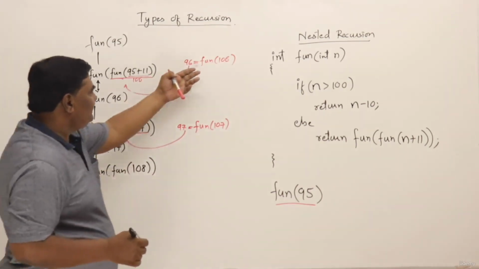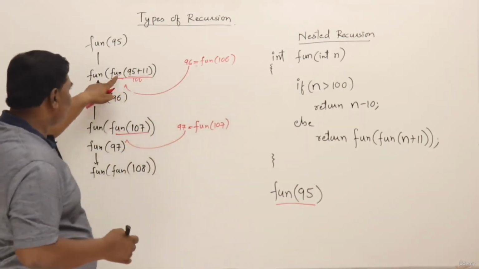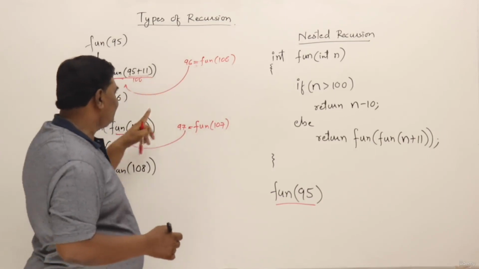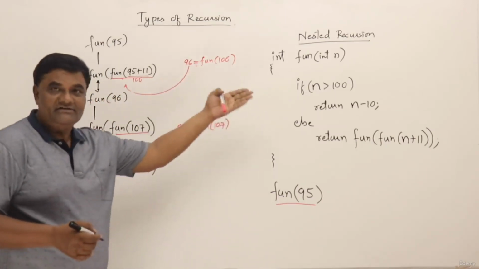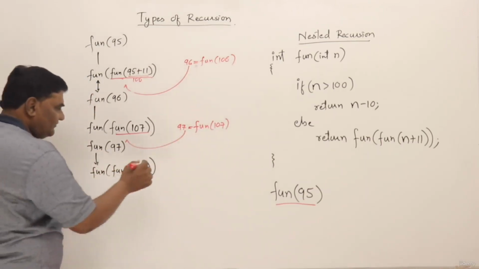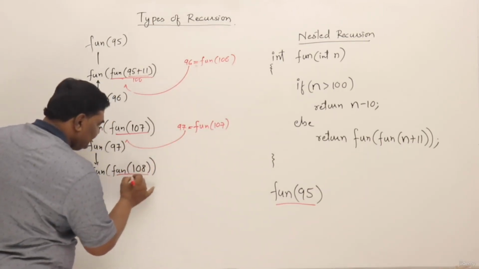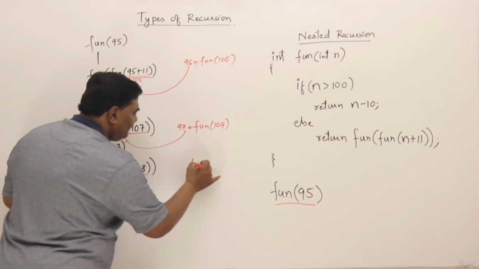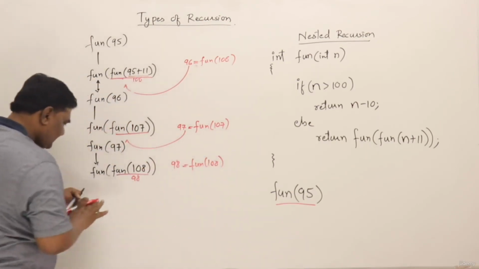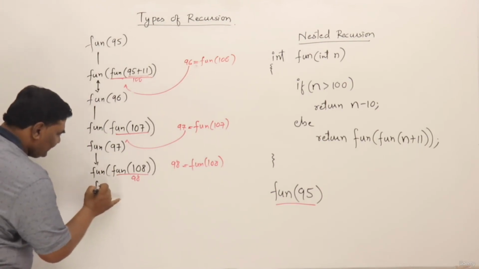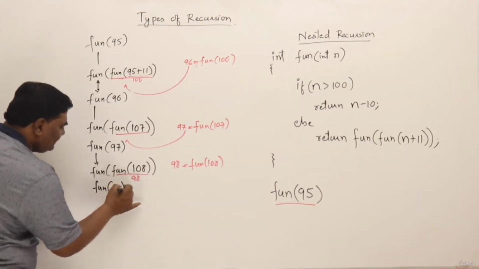As we have already seen these two calls, 106 became 96 and 107 became 97, so 108 will become 98. Instead of tracing it, I will directly write down this result. So fun of 108 is 98, and this function call becomes fun of 98.